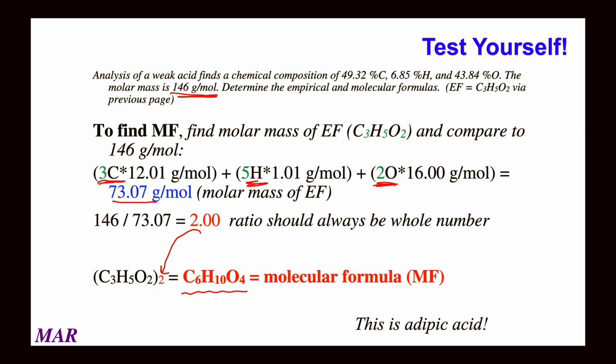And this molecular formula for this problem, C6H10O4, that's the molecular formula. I encourage you to practice this process. There's several examples online that you can look at on our website and on other websites. It's not a difficult process, but as long as you go through the steps, you should be pretty good to go.